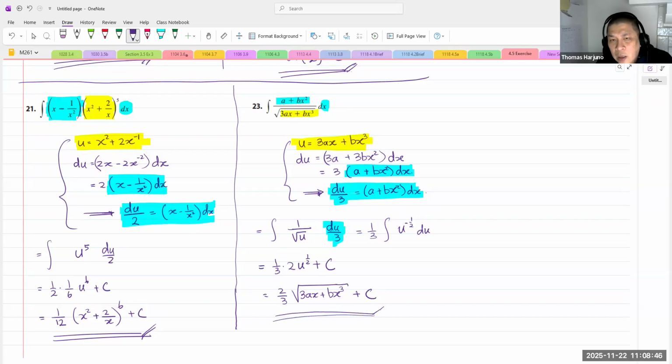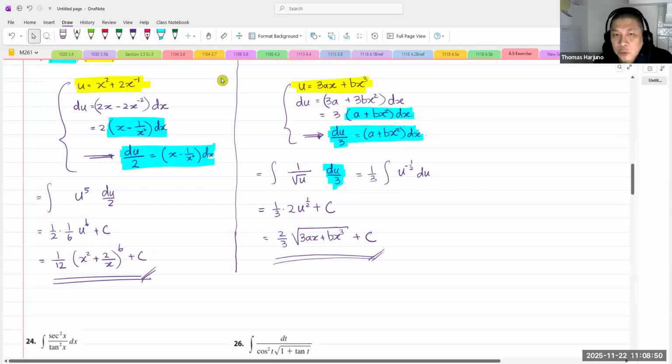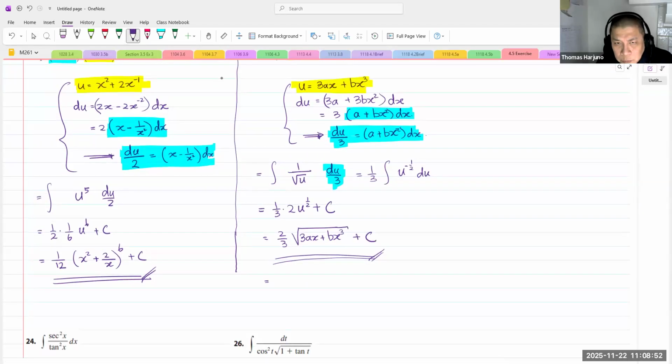Thomas, can I write it as the power of 1/2 instead? Yes, you can. There is an unwritten rule, I think, by our textbook, just for our textbook. If the power is 1/2 or 1/3 or 1/4, 1/5 like that, then they tend to write it in radical.